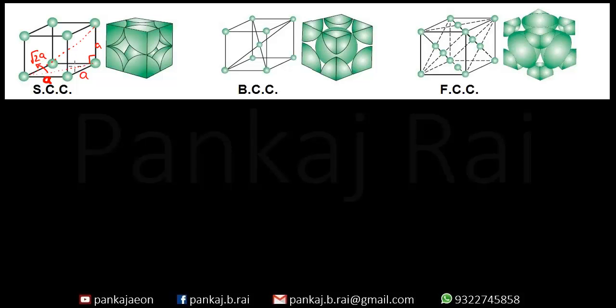Root 2a squared is 2a squared, plus a squared, that is 3a squared, which is the square of the length of this diagonal. So this will be root 3a. So I would be interested in three things: the edge length is a, the face diagonal is root 2a, and the 3D diagonal is root 3a.